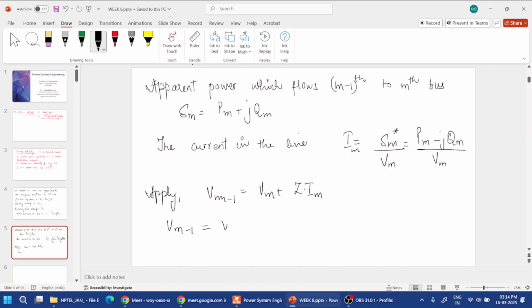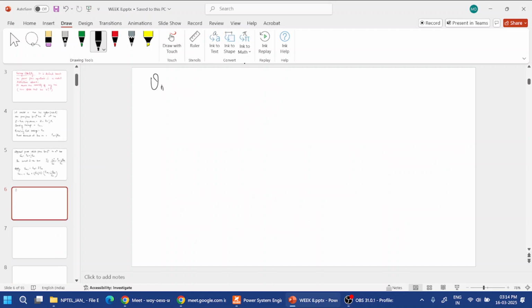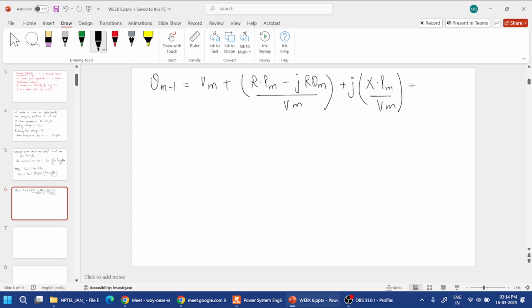Vm minus 1 is equal to Vm plus R plus jX multiplied by Im, which we just calculated, Pm minus jQm divided by Vm. So Vm minus 1 equals Vm plus R into Pm minus j R into Qm divided by Vm, plus j X into Pm divided by Vm plus Qm X by Vm.